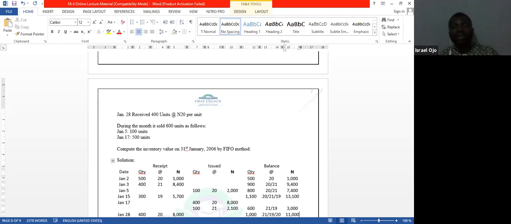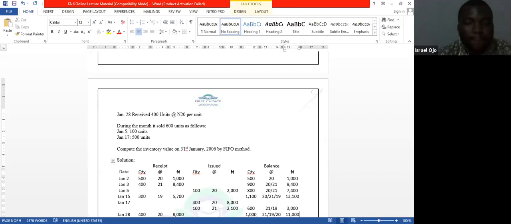That 11,000 is what will be showing in our current asset. So you buy an item, and the cost of that single asset that you purchase is what will be reflecting in our inventory account.